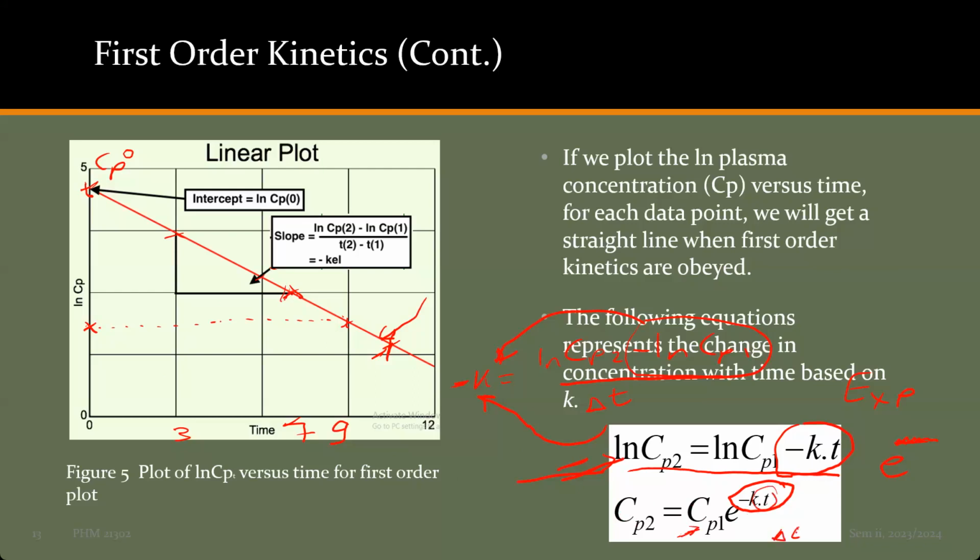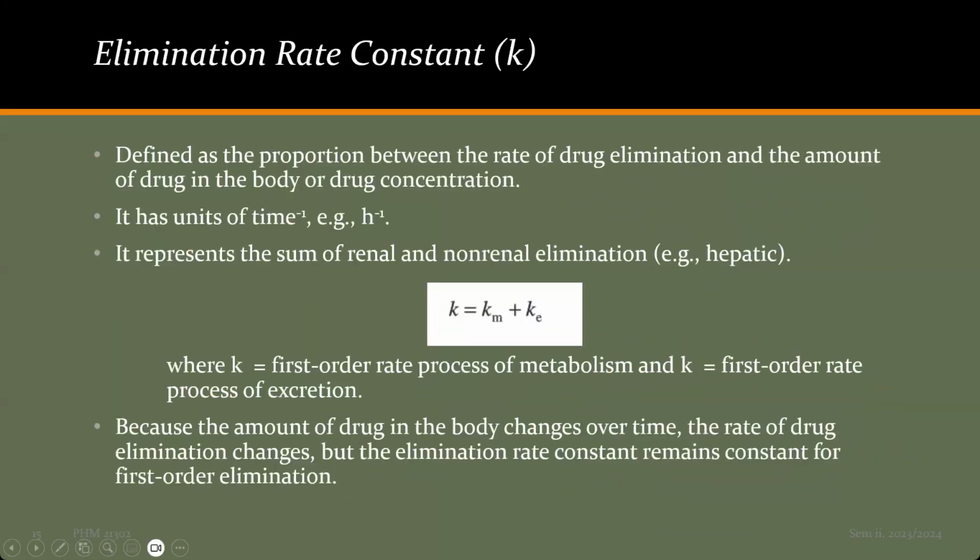T is a delta T. How many hours between 7 and 9? We have 2 hours difference. So delta T equals 2 hours. Okay, this is the way we calculate.